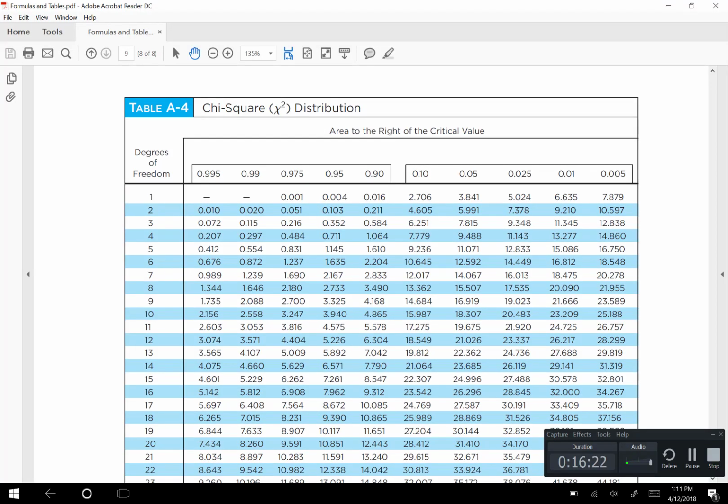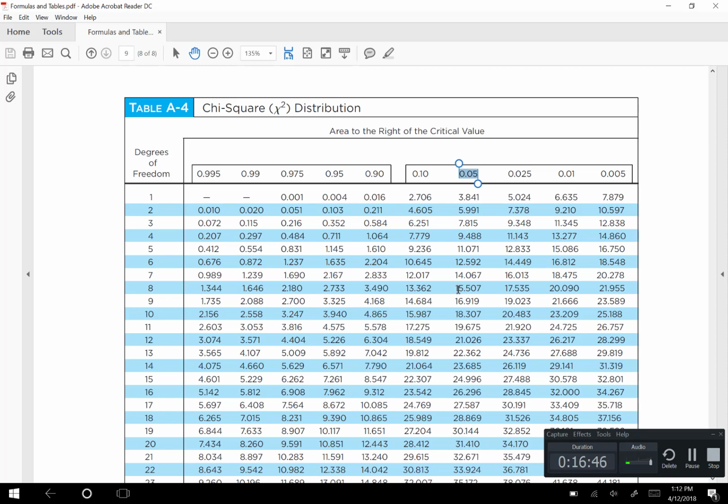Okay, so here we have the chi-squared distribution table. And we have a 0.05 significance level. This is a right-tailed test, so the column in the table that we want to look at is the 0.05. And we had 8 degrees of freedom. So here is the row for 8 degrees of freedom.